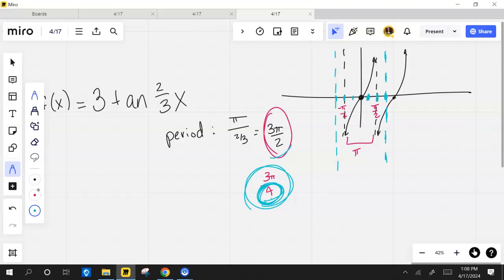Yes. The asymptote's on pi over 2. 3 pi over 4. That is halfway between pi over 2 and pi. Yes. And then what I'm going to do is I'm just going to make sure this looks like, I'm not going to make y'all find another point because this is hard enough as it is.